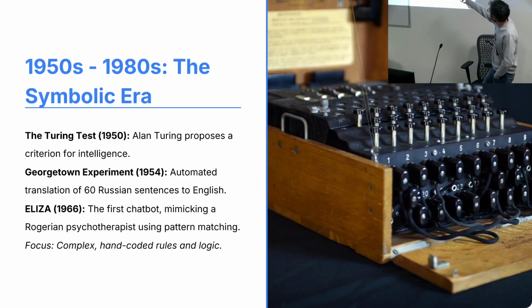For instance, in 1954, more or less when neural networks started to be proposed, in an experiment at Georgetown University, researchers tried to automatically translate Russian sentences to English. This was a very first proof of concept. And then a famous system, which may even have been mentioned in some movie, is ELIZA in 1966.